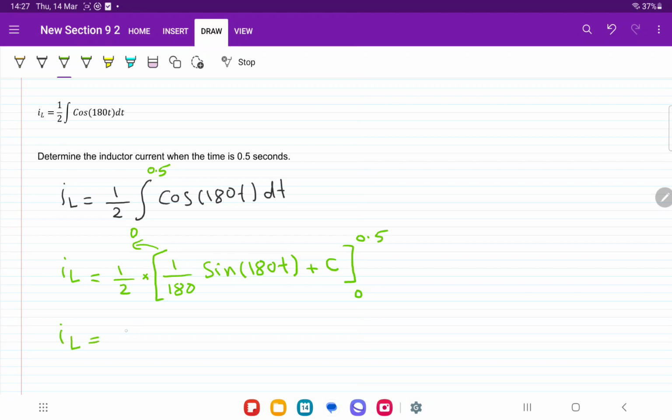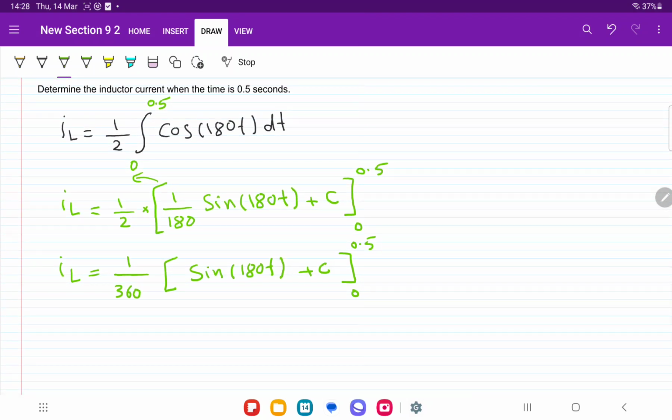So 1 times 1 gives us 1, 2 times 180 gives us 360, sine 180t plus c, close the bracket. Now to solve a definite integration, all we need to do is replace t by the upper limit first, then subtract, write down the equation again and replace t by the lower limit.